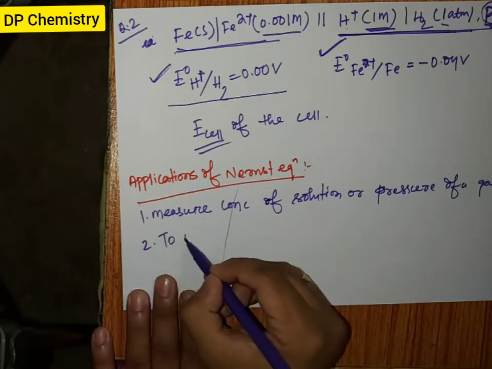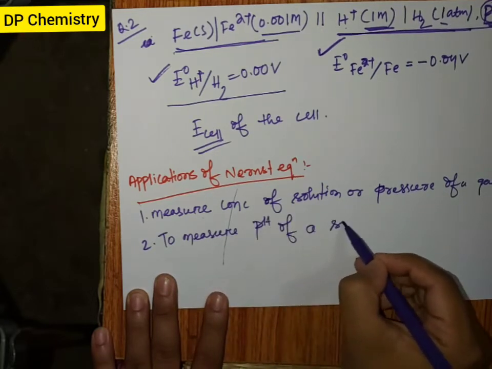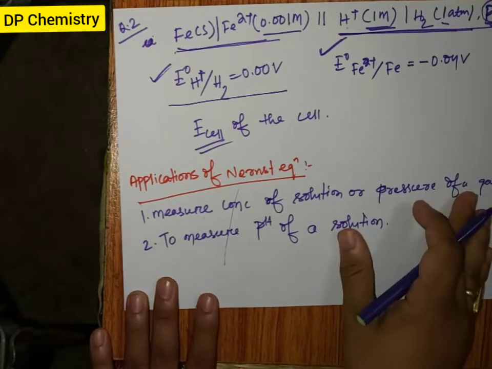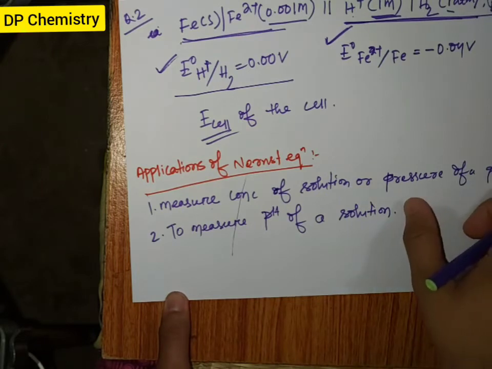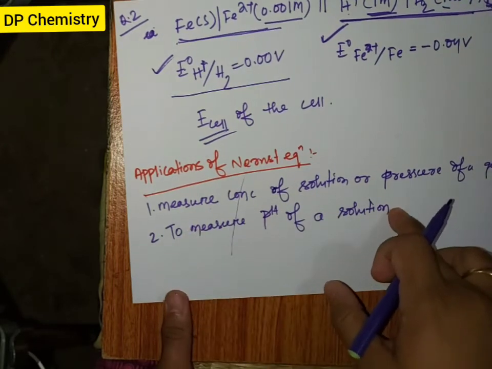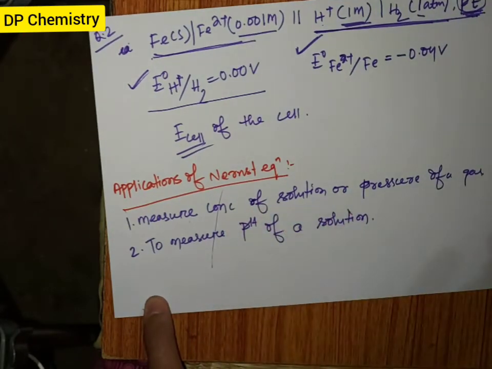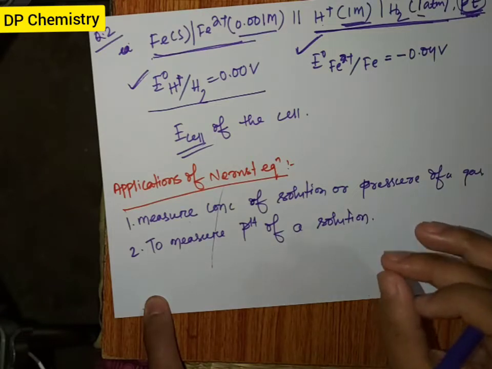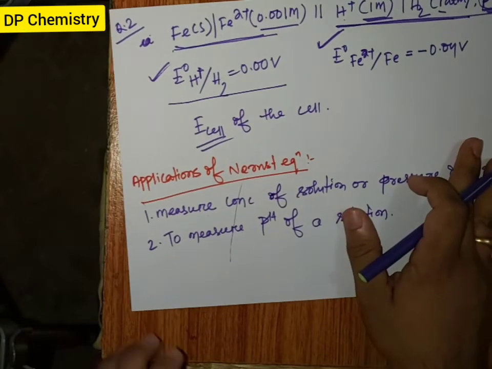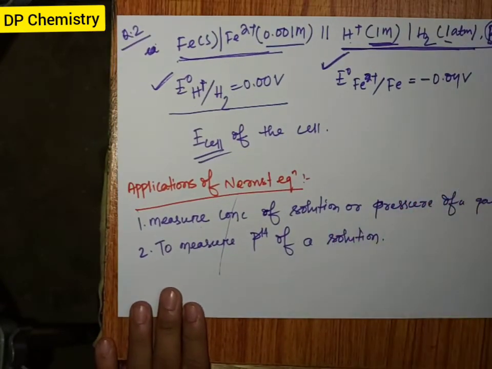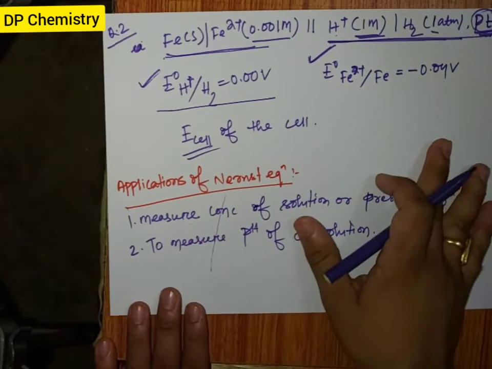From these parts we can get some problems on how pH, concentration and pressure are calculated from the Nernst equation. But for your syllabus I don't think questions will come from these sections, so you don't need to worry about it. You just need to remember the applications.